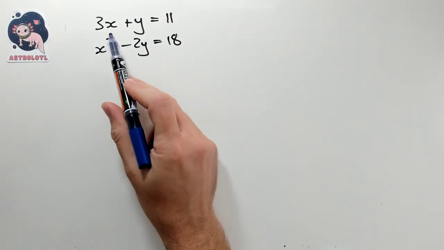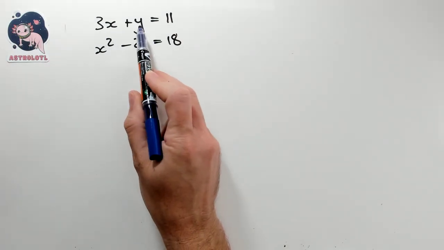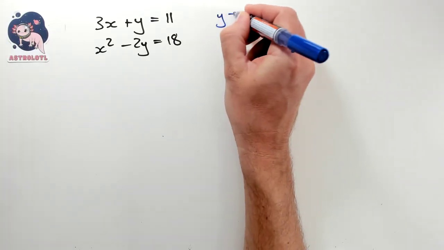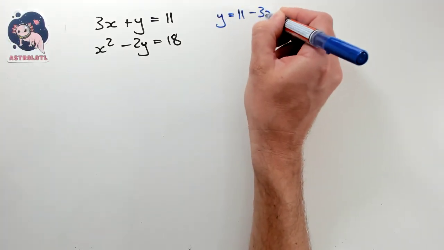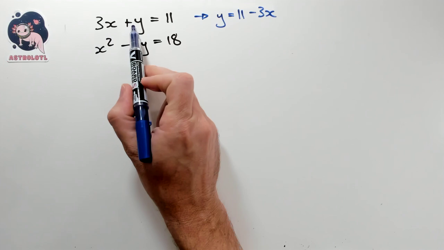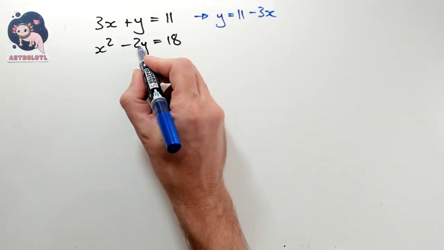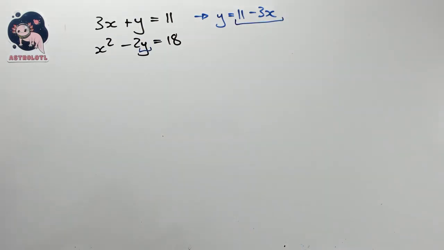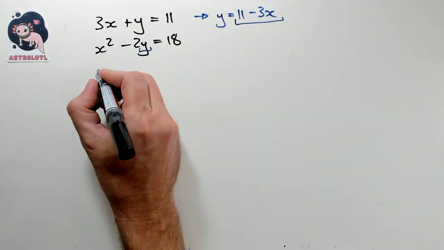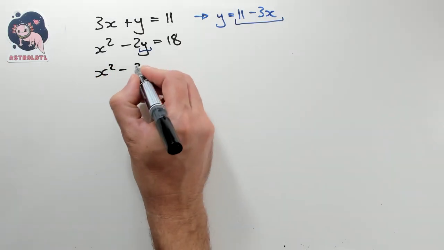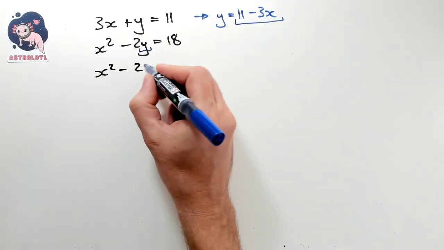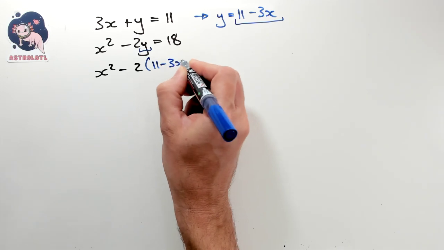I'm going to rewrite and make y the subject here. So y is equal to 11 minus 3x, basically just making y the subject. And then this part I'll just sub in, color coded for the first step. So x squared minus 2 times my 11 minus 3x here.